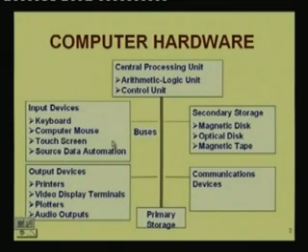Then we have the input devices such as keyboard, computer mouse, touch screen, source data automation, etc. Output devices like printers, plotters, etc. Secondary storage, magnetic disk, optical disk, magnetic tape, etc. Communication devices, and a primary storage, basically the random access memory, and the connection with the central processing unit to all these different devices is done through the different buses.